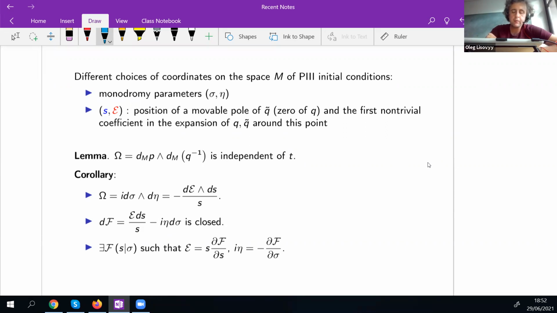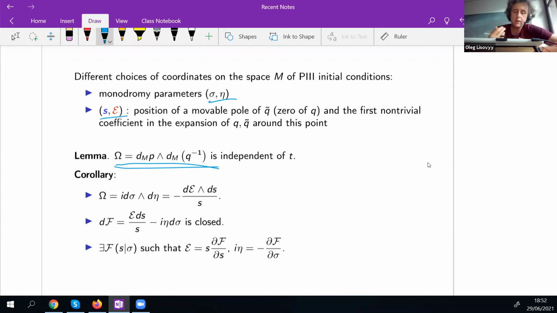Now, it is fairly straightforward to compute the symplectic form that we have associated to Painlevé 3 using either this pair of coordinates or this pair of coordinates.